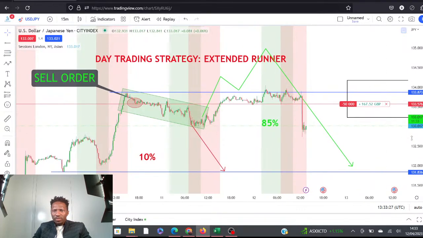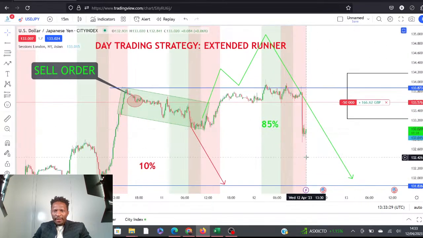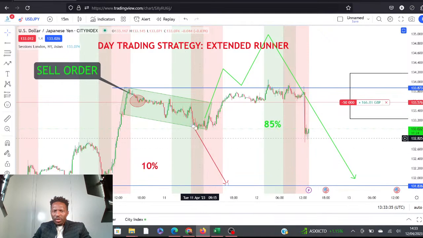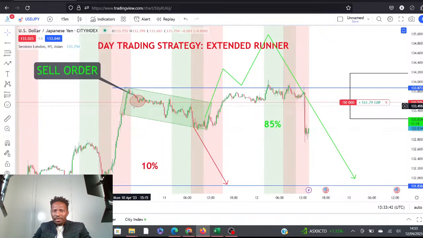So as we pay attention to what this market is doing, yesterday I painted two scenarios for you guys. I painted a scenario where the market could potentially go down from here, but that was only a 10% chance because we had this contraction, and these types of contraction usually break to the upside. You can see we already broke out of that contraction.